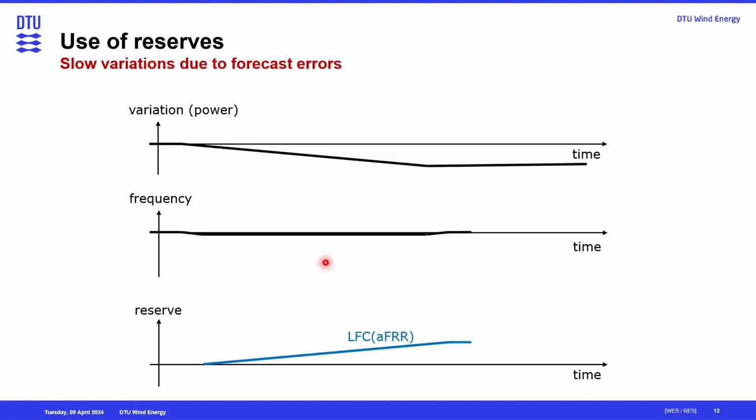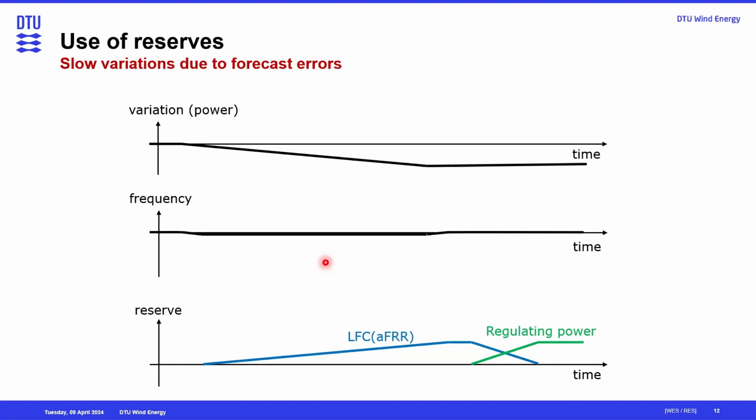Rather, it would activate the frequency restoration reserve because the frequency did not go down that much, but you still want to restore it back to 50 Hz. And then the regulating power comes in, relieving the LFC or the AFRR, automatic frequency restoration reserve.